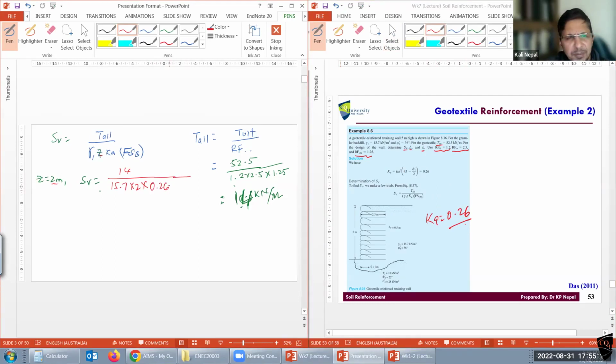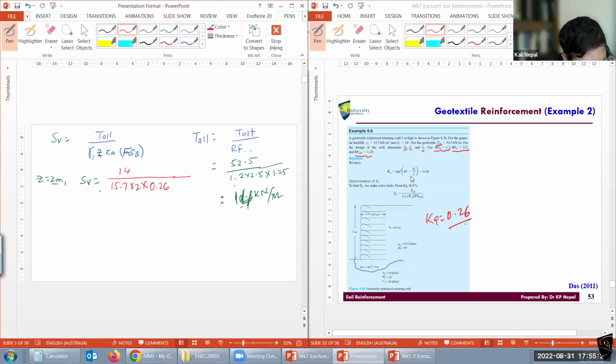Is this given? Factor of safety for breakage of the geotextile, FB, where is that? No, sir. Then we need to see what they recommend to use. Otherwise, we can't calculate. If not given, we need to check.